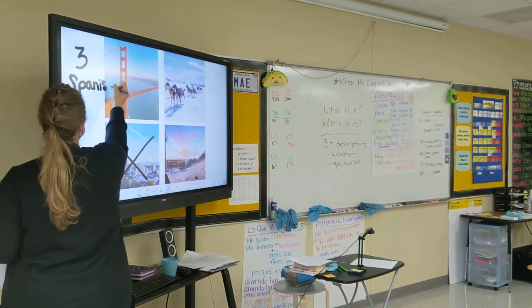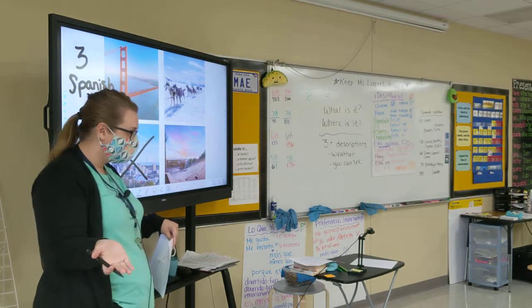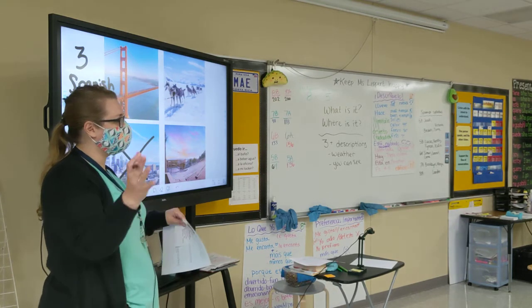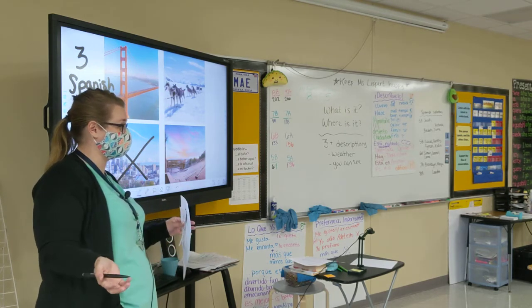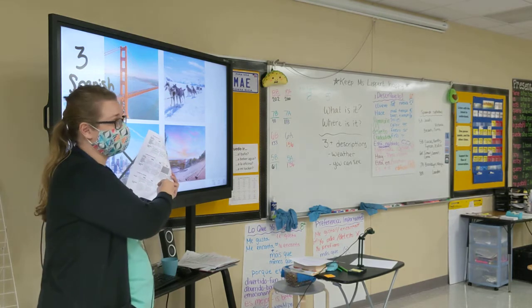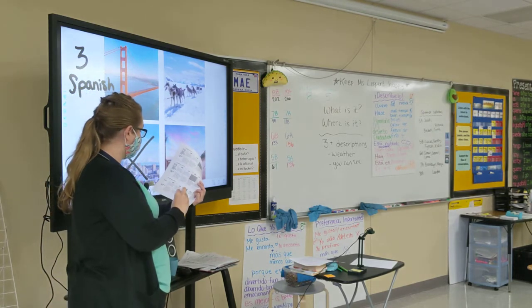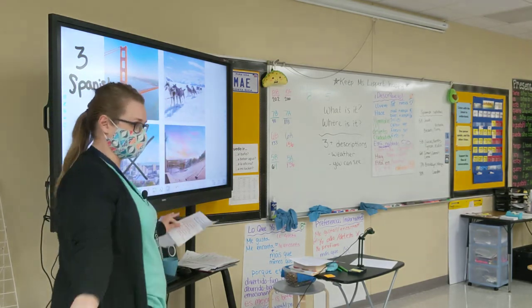Is it okay if you include the name of the place or a proper noun? Yes, because that doesn't change if it's in Spanish. But you shouldn't be throwing in random English words in there unless you really can't do it in Spanish, but then that'll knock your grade way down. So that's the first part. You have 3 sentences in Spanish and you describe the picture that you have chosen.